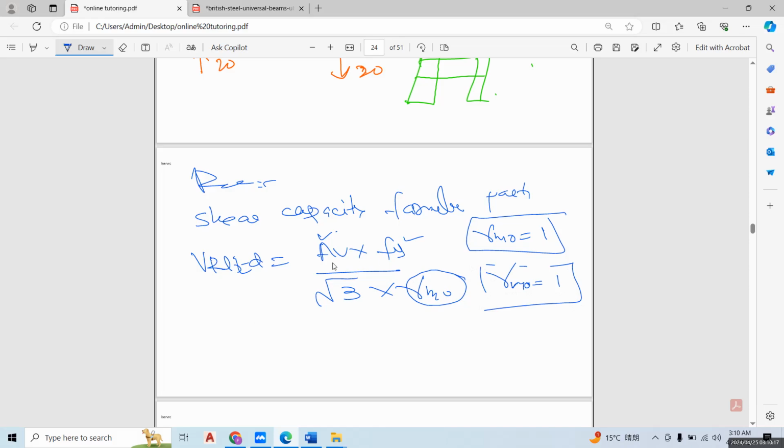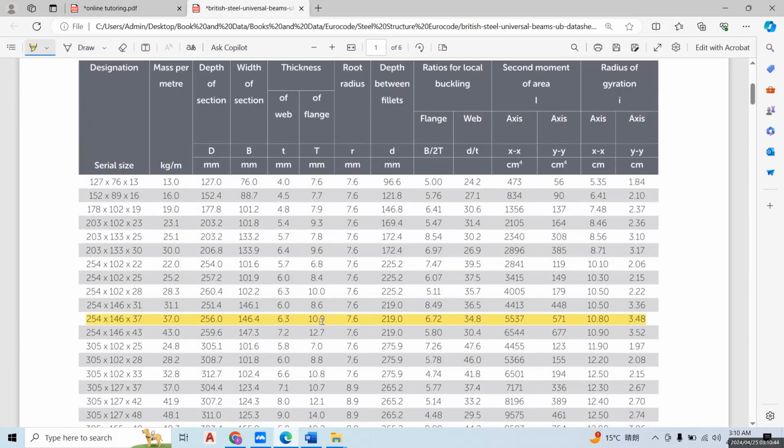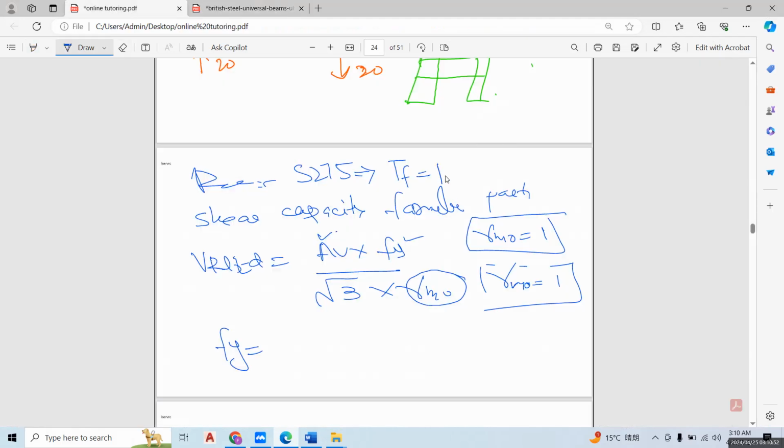Now you have to find Av, Fy, and root 3. First of all, you have to see what Fy is. In the question, it is written that your grade is 275. So first you check the thickness of the flange. Here you see that the thickness of the flange is 10.9, which is less than 16 mm.